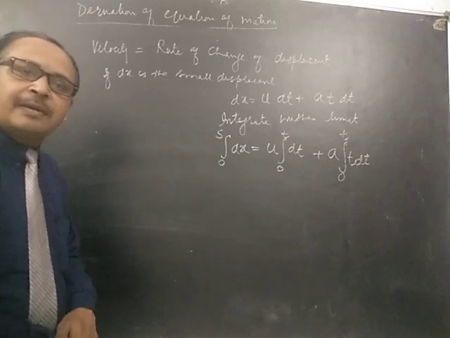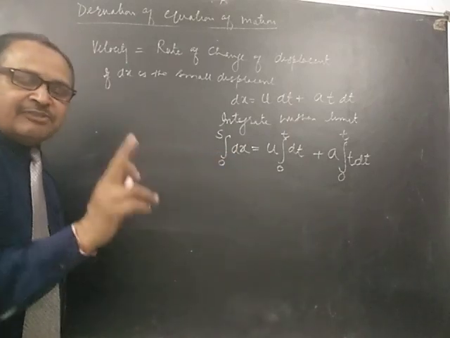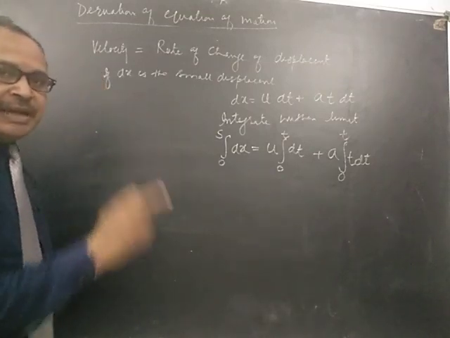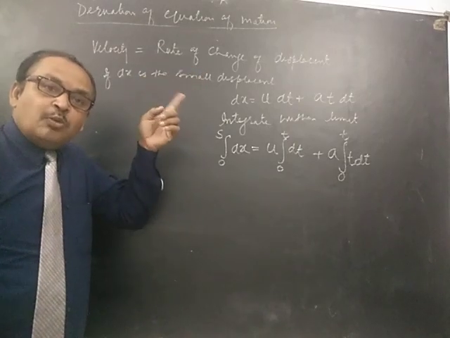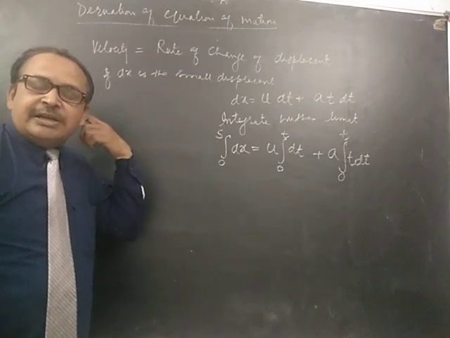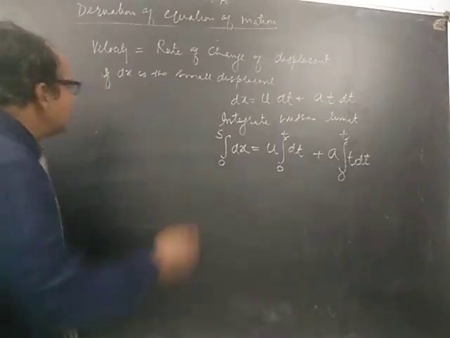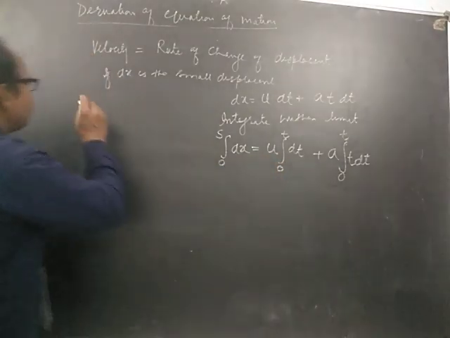Is it clear? What is the integration of dx? It will be x, not 1. Actually, by mistake, it was written 1 in the previous lecture. The integration of dx will be x, and similarly, integration of dt will be t.